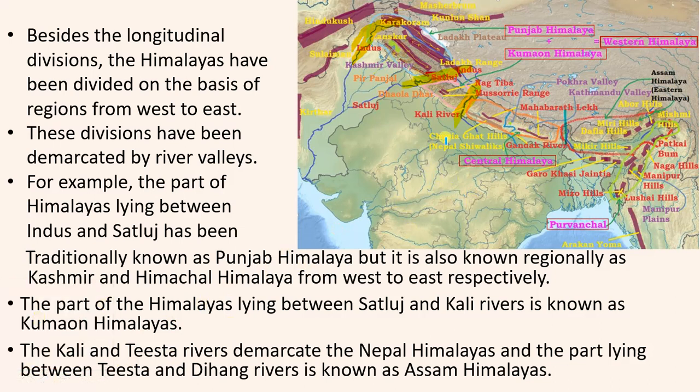This is the Kali River and the Tista River. So this is the Nepal Himalayas, and the Tista and Dihang River, the Dihang River is there.